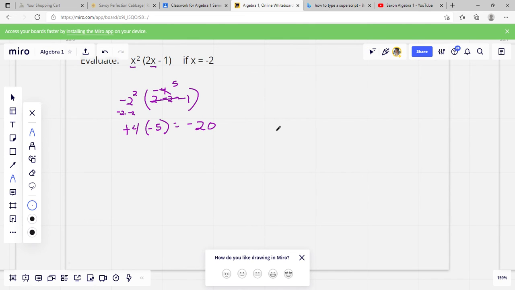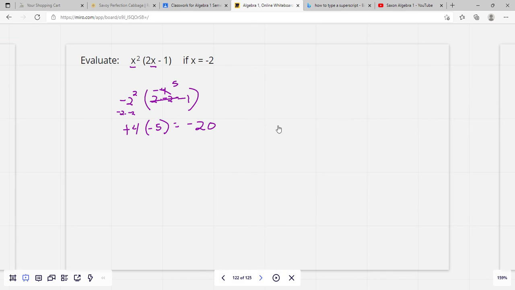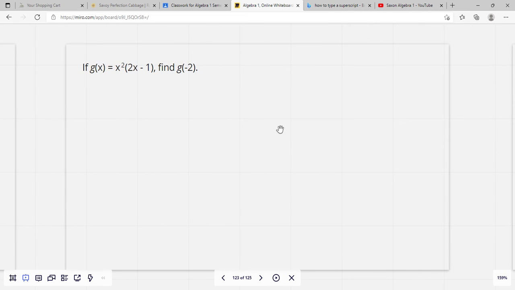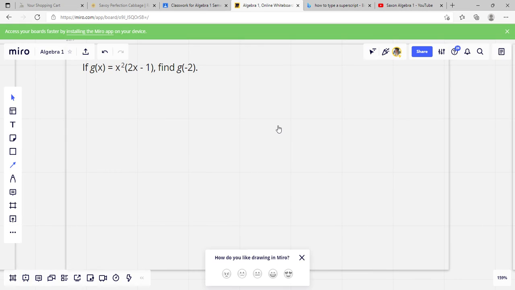Okay, let's try that same equation with function notation. So this one says g of x equals, and then we've got our expression. So there's our x's. Find g of negative 2. That means just wherever the x is, we're going to put negative 2. So g of x equals x squared times 2x minus 1.